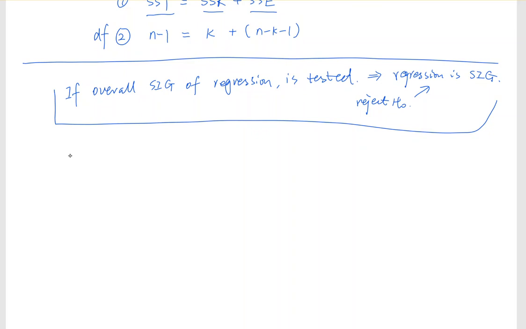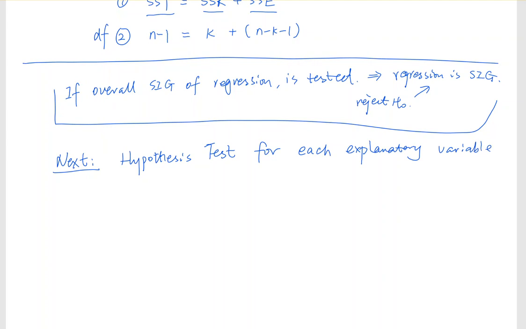All right, so next, we will make the hypothesis test for each explanatory variable. So we say we have mu y equals beta 0 plus beta 1 x1 plus beta 2 x2 until beta k xk.